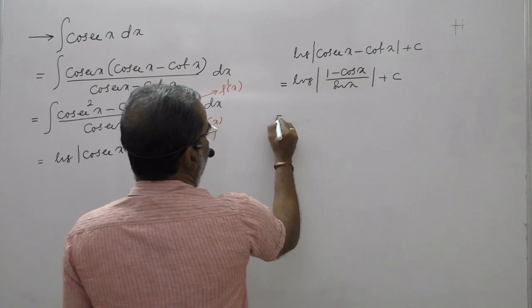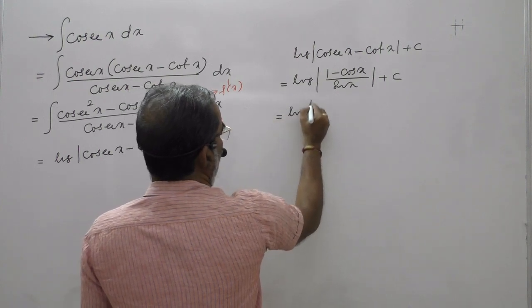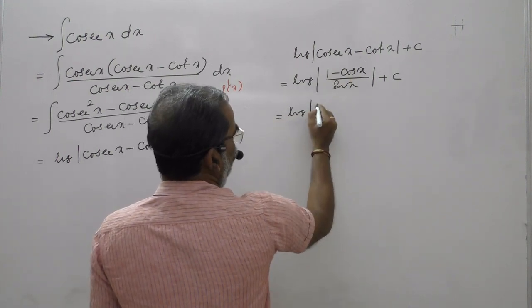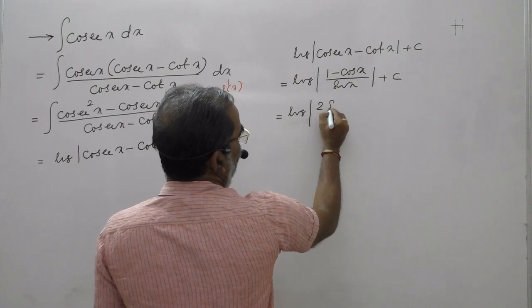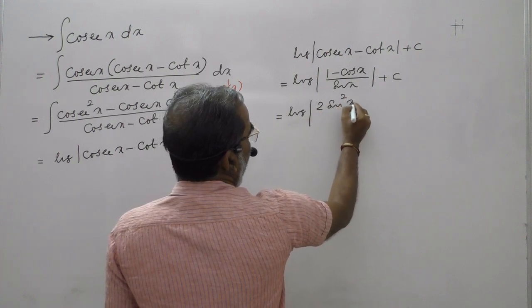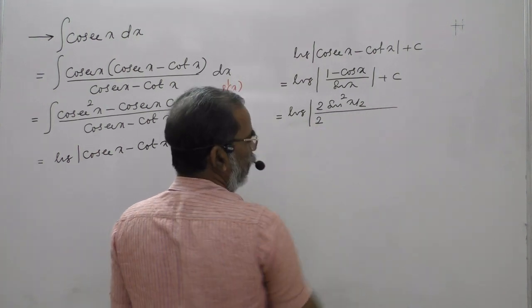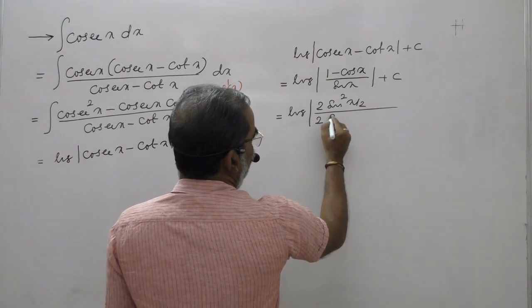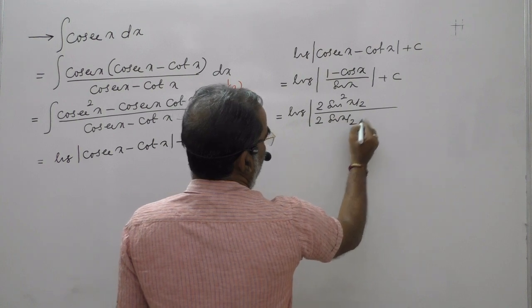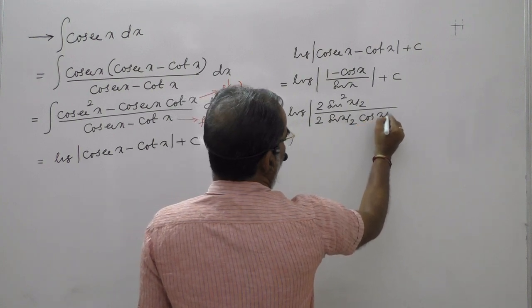I am simplifying the answer. 1 minus cos x using cos 2a is 2 sin square x by 2, and in the denominator by applying sin 2x, 2 sin x by 2 cos x by 2.